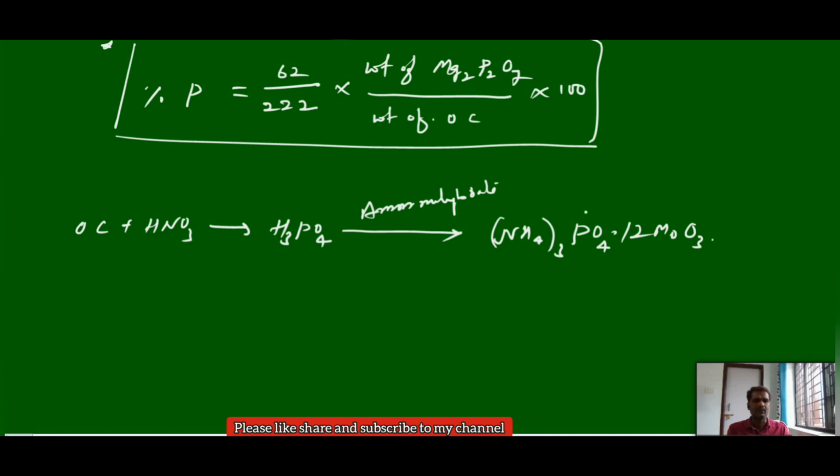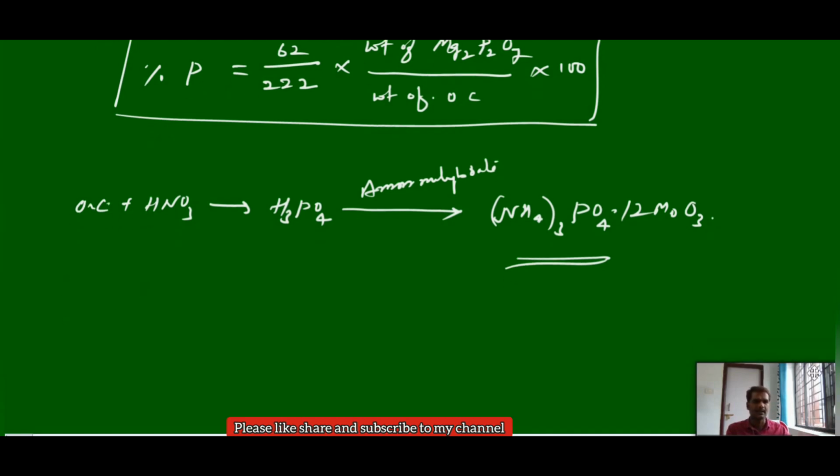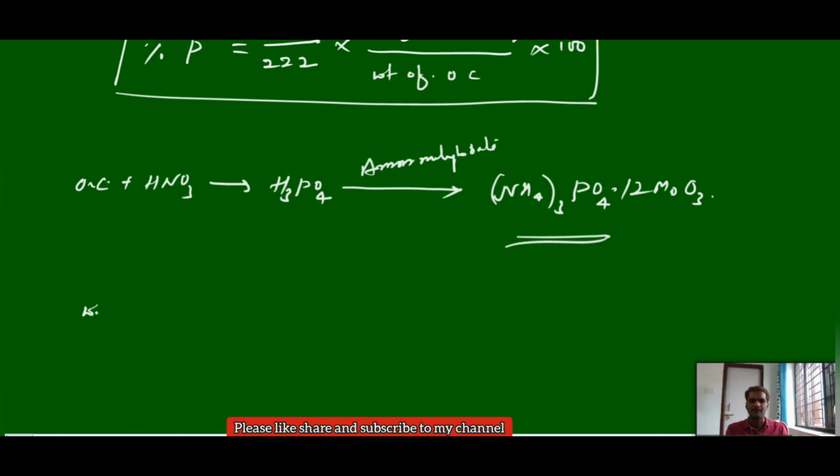Again, each ammonium phosphomolybdate precipitate contains 1 mole of phosphorus. From this you can identify how much phosphorus is there in the compound produced. Again, this phosphorus is coming from the organic compound. Now you can calculate the weight of phosphorus produced.